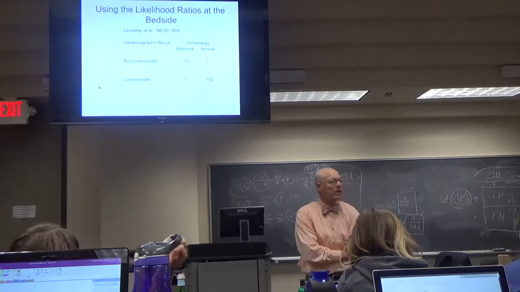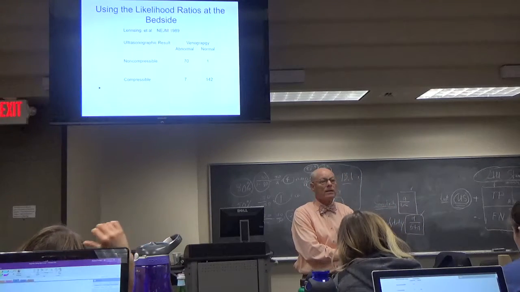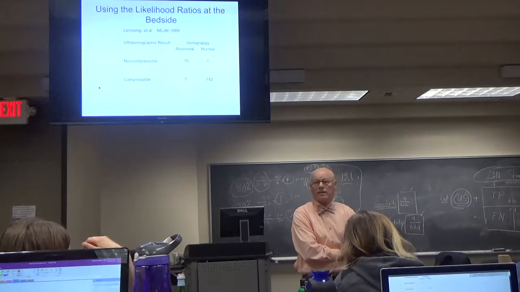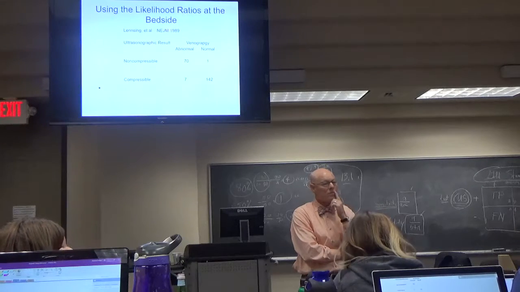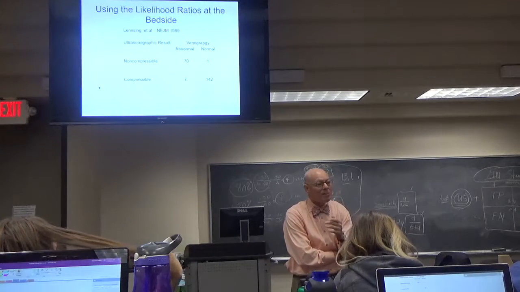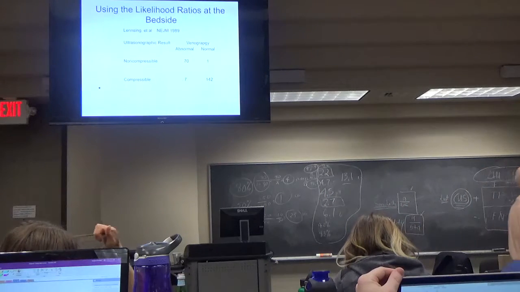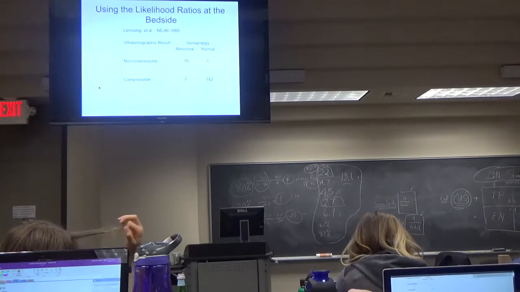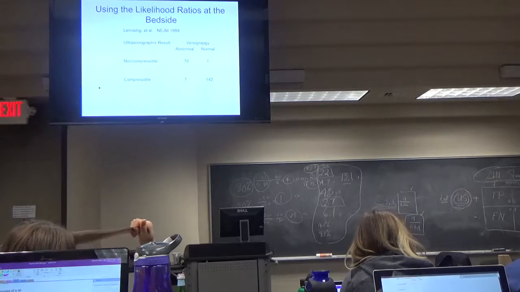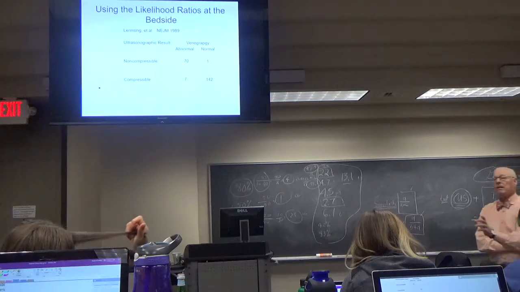What's 90 over 91? It's pushing up against 100%. So you've gone from 50% to 99% as your post-test probability. This is a damn good test, right?